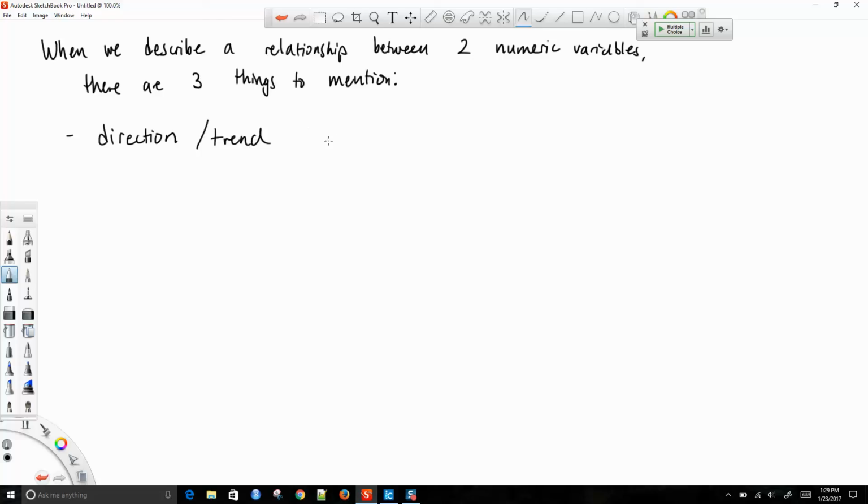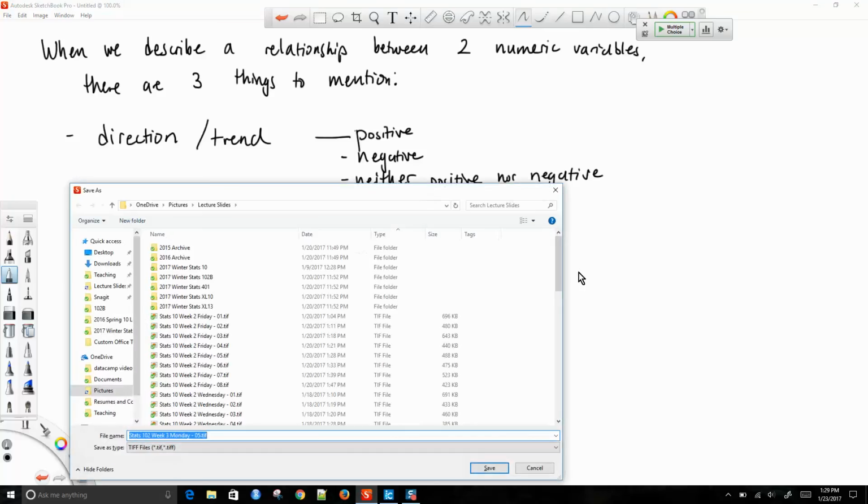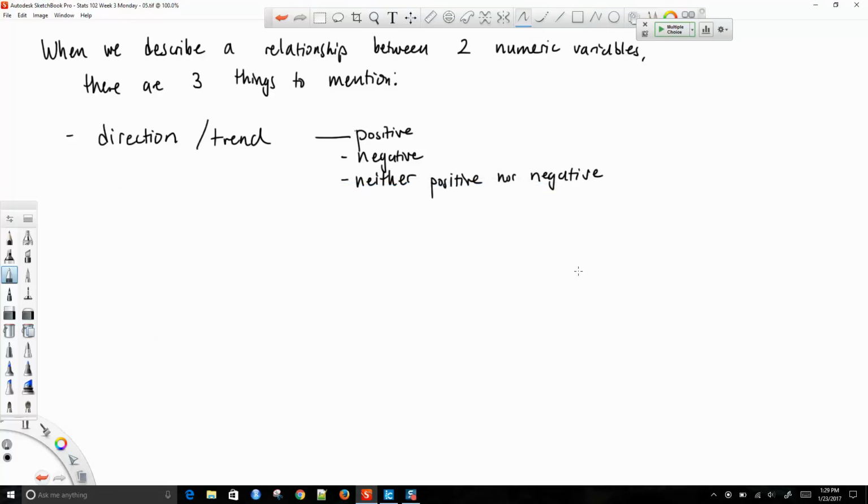The direction or trend, we can generally say positive, negative, or neither, neither positive nor negative. I guess you can use the same terms for a relationship between people: a positive or negative relationship.